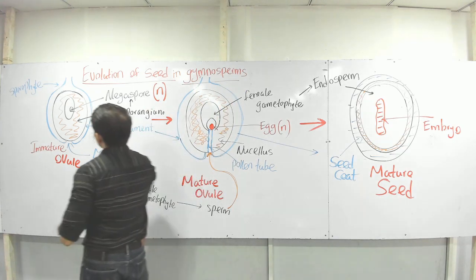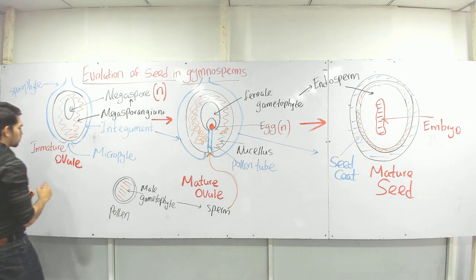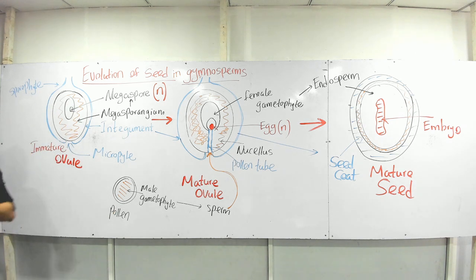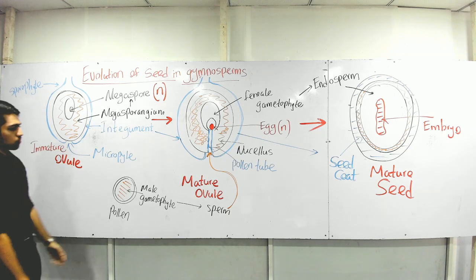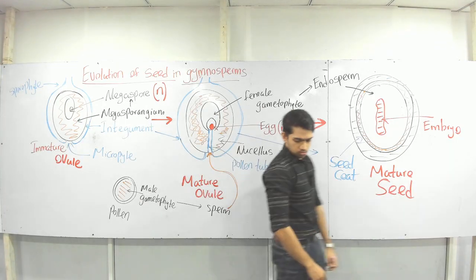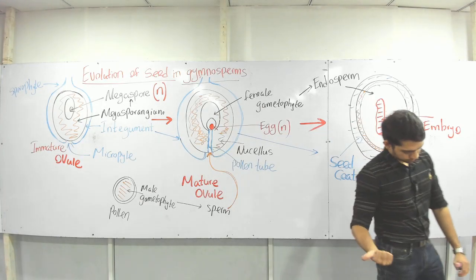Okay, we'll draw a separate one because if small differences are there, otherwise it's going to get confusing, right? Evolution of seed in gymnosperms. They were the pioneers of seed. So their seed we have to study first, then we'll see how flowering plants did some modifications.